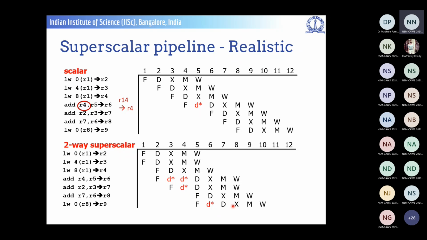It can only complete its decode and whatever register read it has to do in cycle 5 in this case. It tried to get into the decode stage and is stuck in that decode stage. Then in cycle 5, it could complete the work it should have completed as part of the decode stage for that instruction. The decode stage does include the register operand read as well. Does this make sense? That's why you are seeing this D starts.